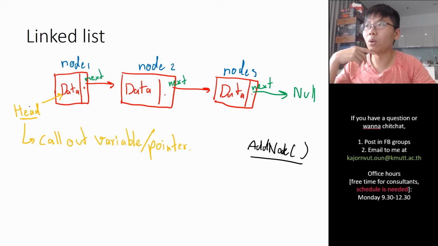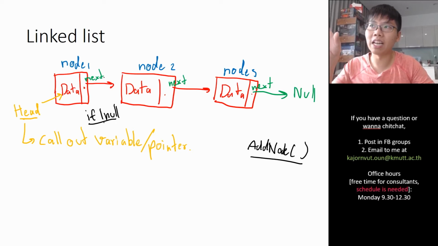And check whether the node that head pointed to still has a next that is not null yet. If it's not null, then the temporary pointer has to switch to next to point to the second node, right?